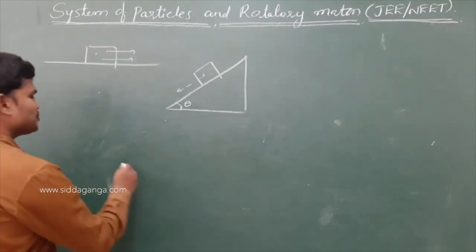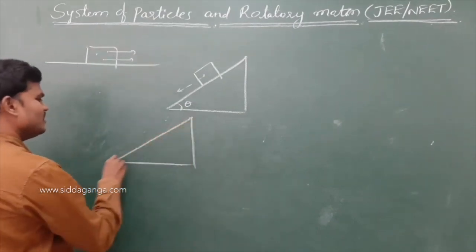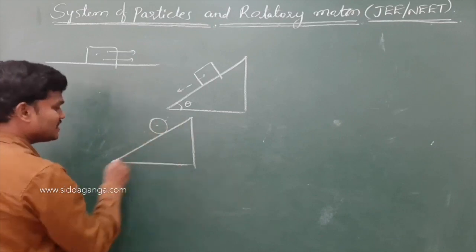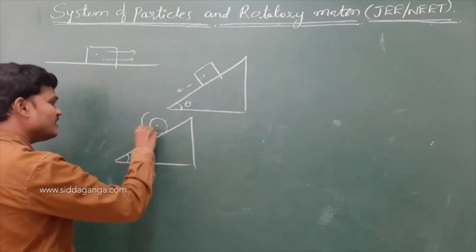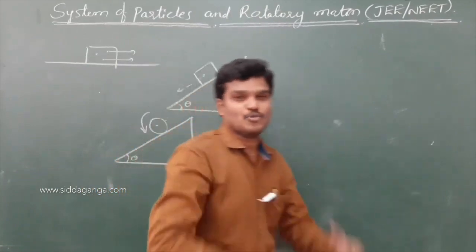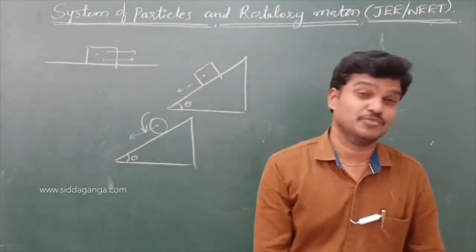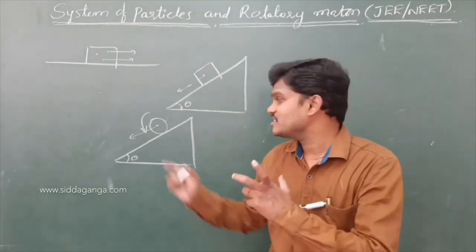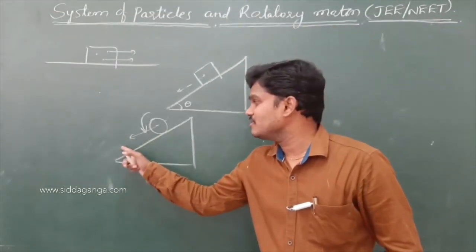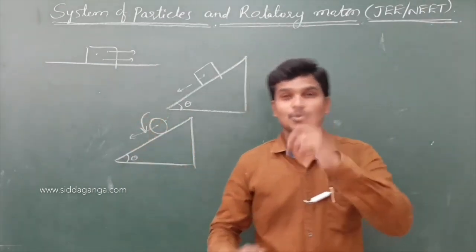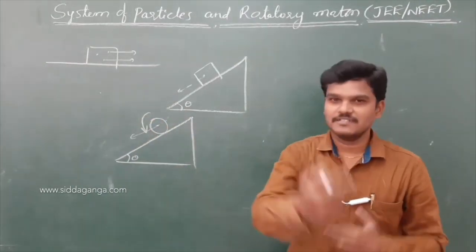Suppose a wheel is rolling on this inclined plane, then this wheel has a rotatory motion. Of course, the central particle has translatory motion, and this combination of translatory motion and rotatory motion we call rolling motion, that we are going to discuss in the continuation.